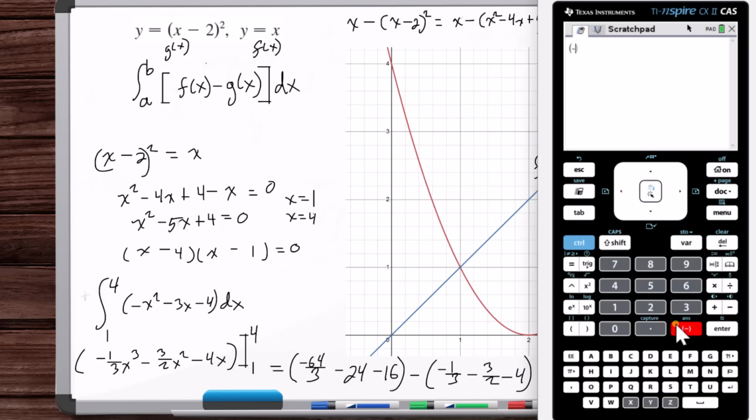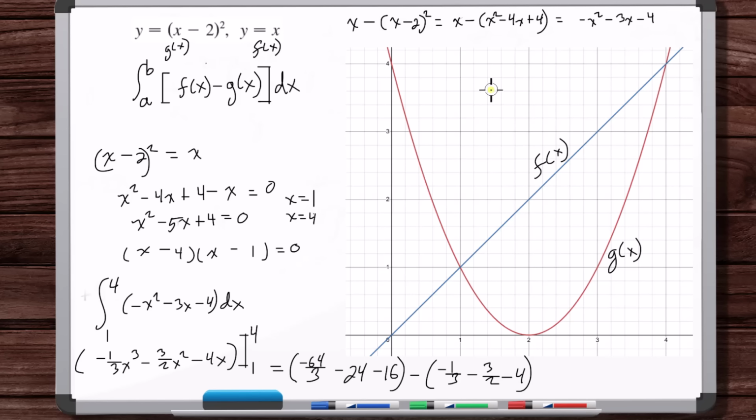Okay, so minus 64 over 3 minus 24 minus 16. Then the other side is minus 1/3, minus 3/2 minus 4. So now this minus this, minus 111 over 2.